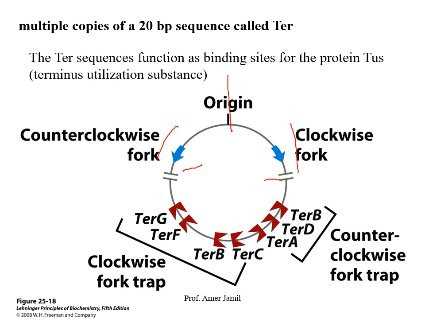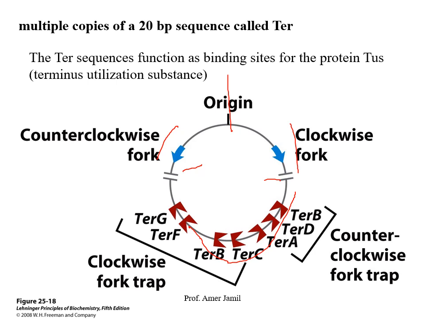And when they hit these termination sequences, there are different ones, A, B, C, D, and so on, and there are two forks which come, one from the counterclockwise, another from the clockwise direction, and they came to this place.